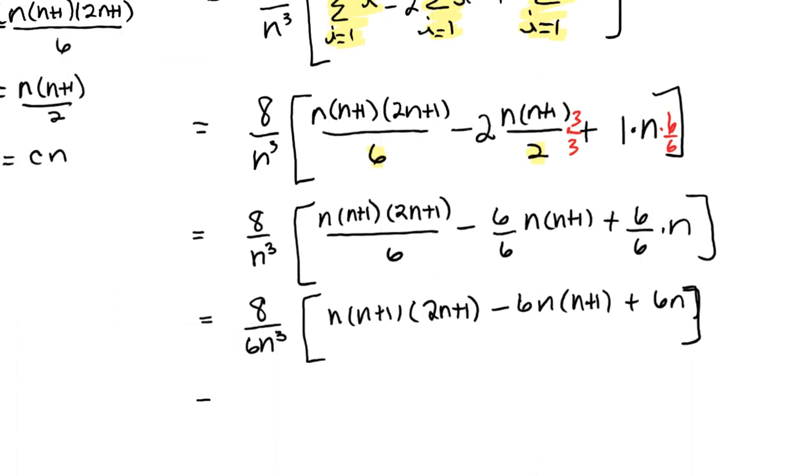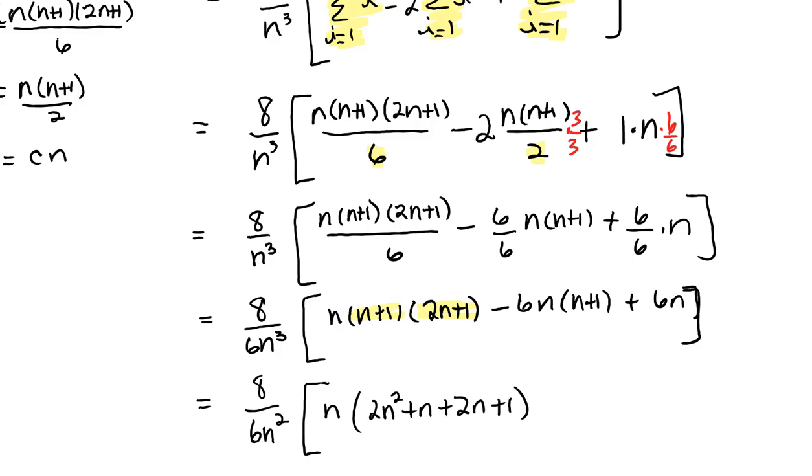So now I'm going to do some multiplying so I can combine like terms. I'll start by multiplying n plus 1 times 2n plus 1. That gives me 2n squared plus n plus 2n plus 1. I'll then multiply right here.